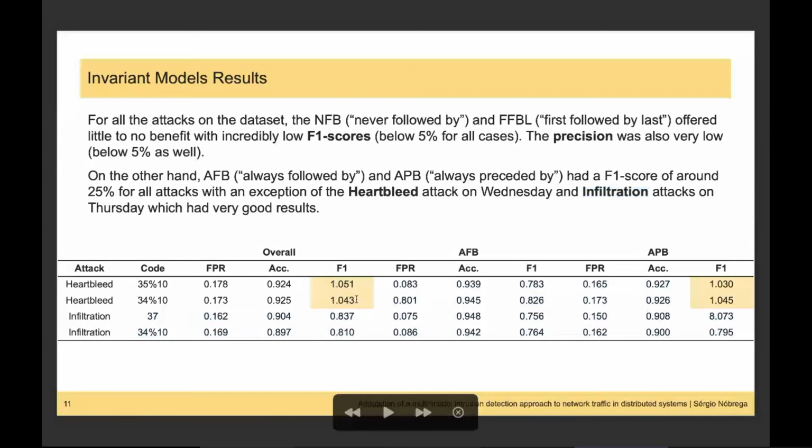But again, you can see here the absurdity of these values because they are over 1, sorry. But you can see here that comparatively, or in a qualitative way, we can say that these attacks were better detected than the others.